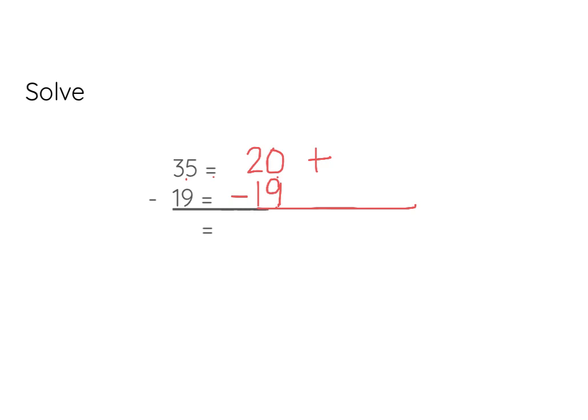It equals 20 plus 15. Bring the 15 down because we're not doing anything to the 15. Now think back to your number line. How does 19 get to 20? By adding a 1. So 15 plus 1 equals 16. Great job.